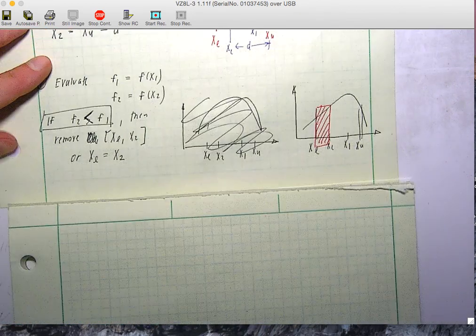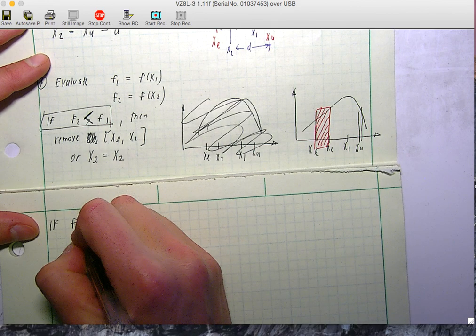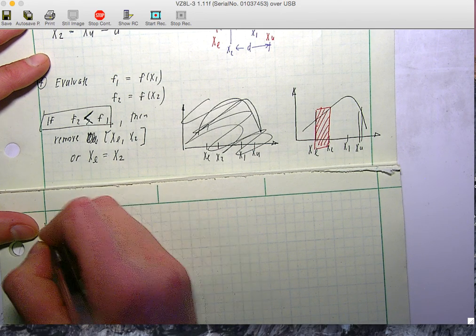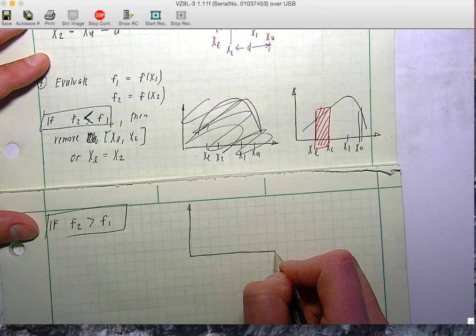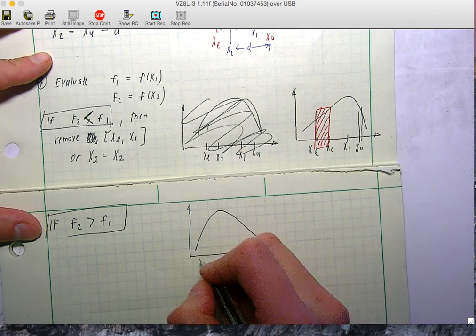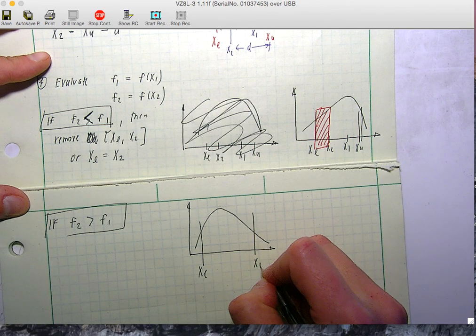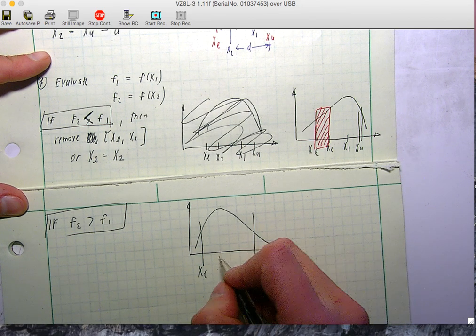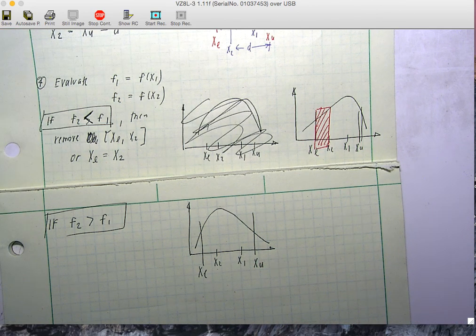On the other hand, if f2 is greater than f1, so in this case you're going to have your upper and lower bounds, your x2 and your x1, but this time the function max is located on the other side.